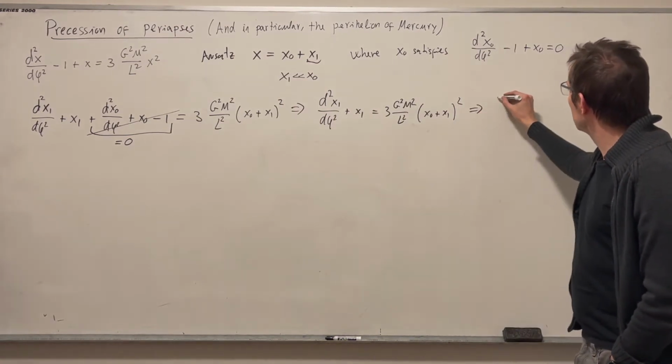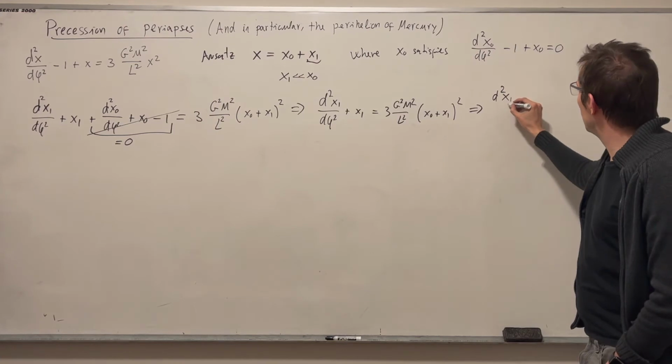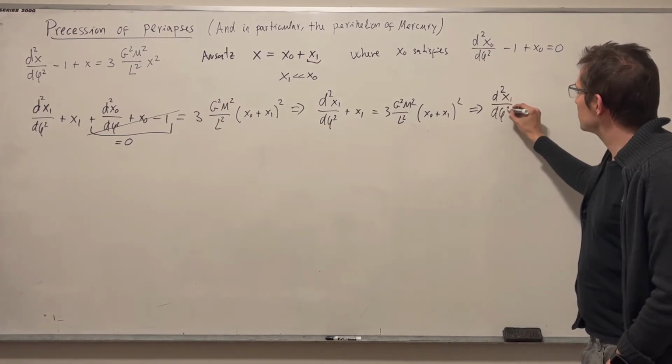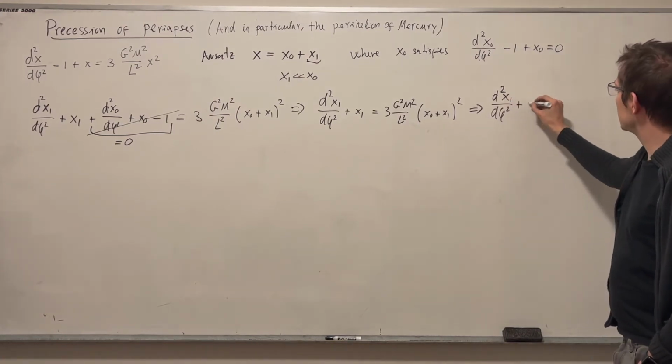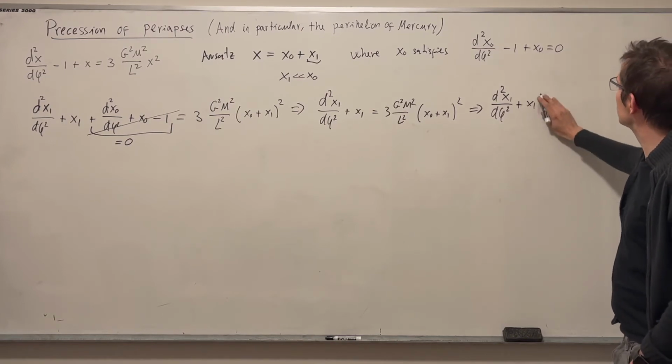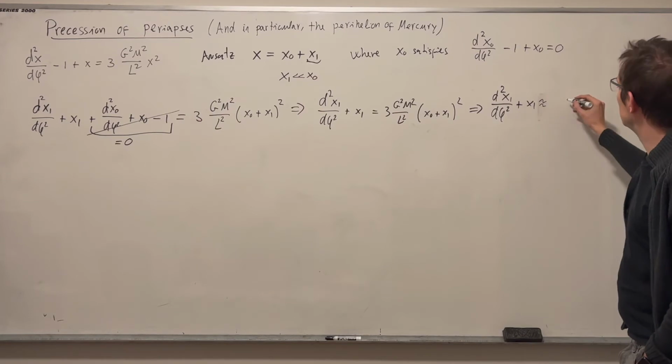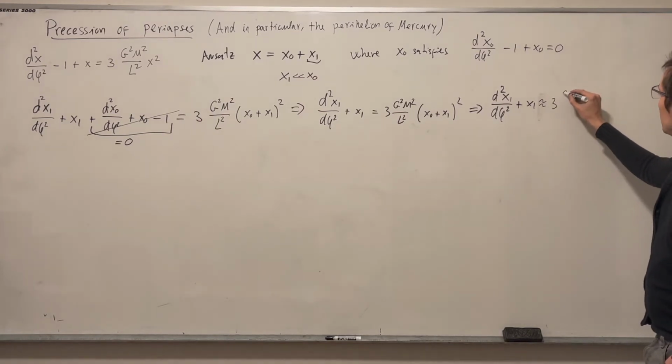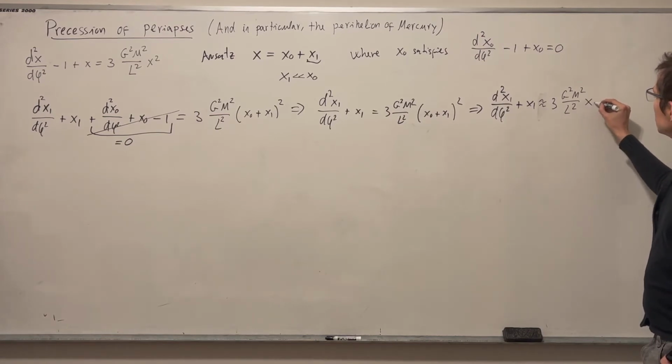So that means that the second derivative of x1 with respect to phi, plus x1, is approximately equal, at leading order, to 3G squared m squared over l squared times x0 squared.